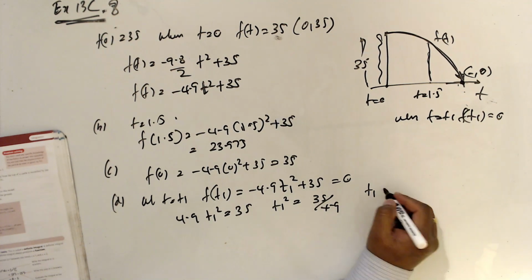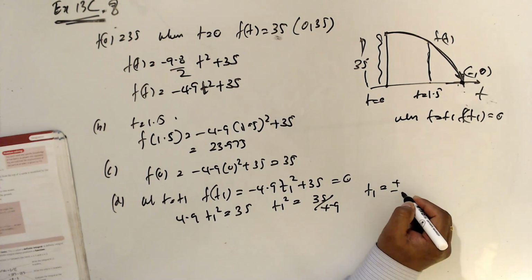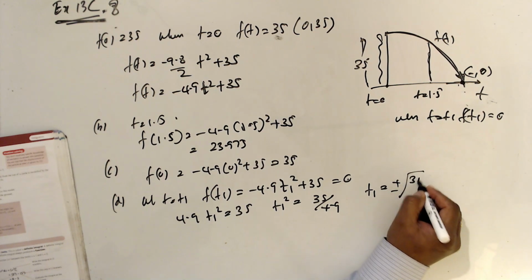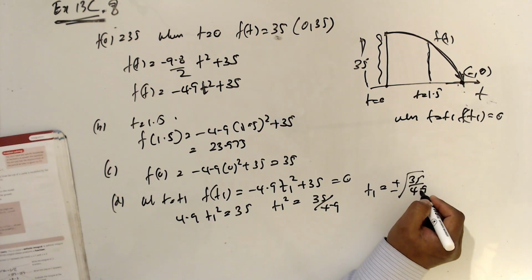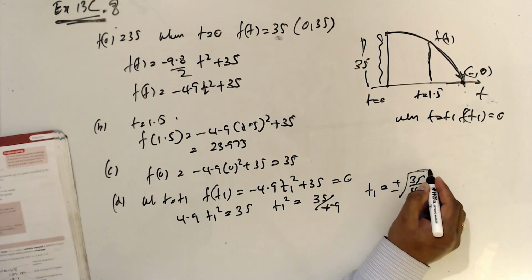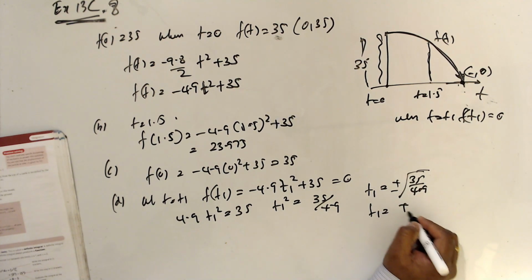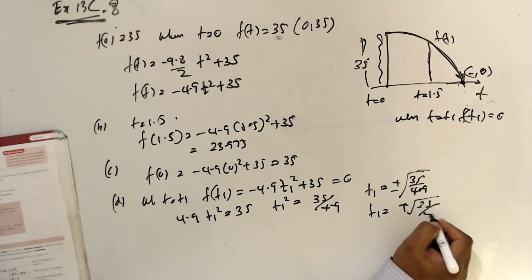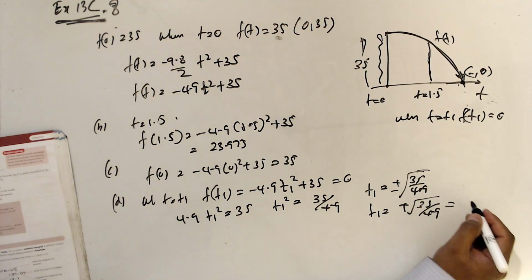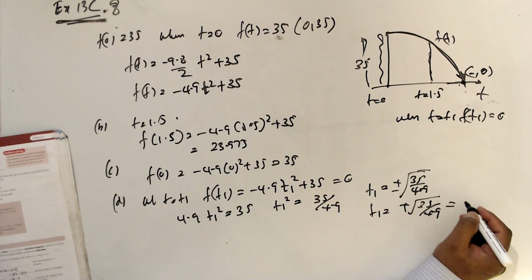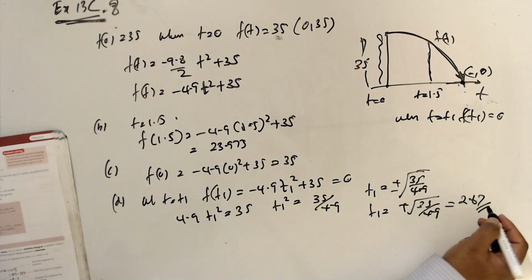So t1 equals plus or minus square root of 35 over 4.9, and we have to take the positive value, as this is a time. I think this is going to be 2.67 seconds.